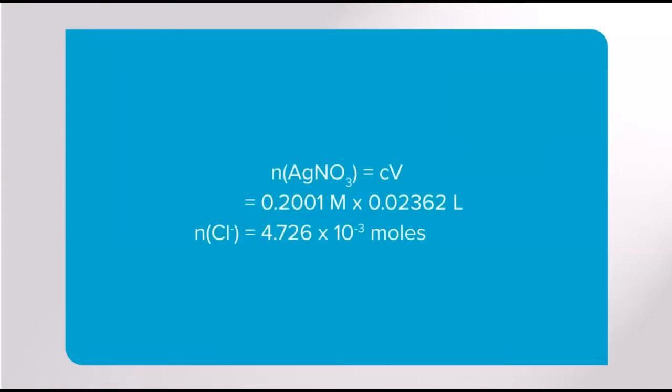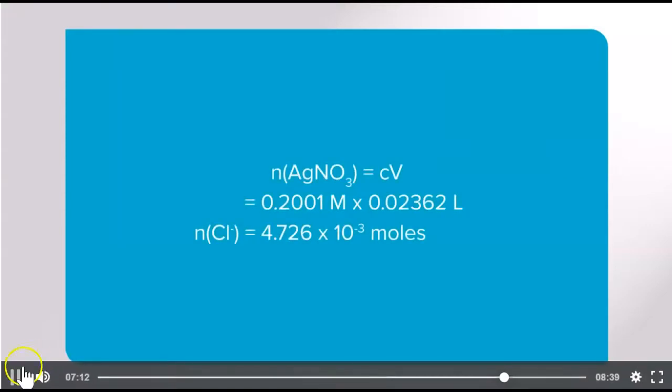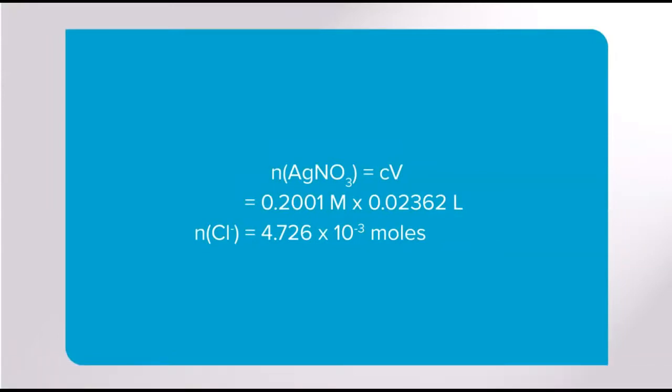The number of moles of silver nitrate used can be determined by using the formula n equals C times V. So, 0.2001 molar times 0.02362 litres equals 4.726 times 10 to the minus 3 moles. So, the number of moles of chloride ions in 10.00 mL is the same.